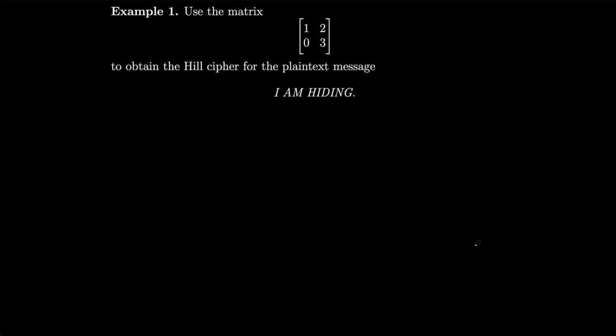To obtain the Hill cipher, we first group the letters that we want to encipher into groups of 2. So I'll write IA, and then MH, ID, IN, and GG separately. I is the 9th letter of the alphabet, so I assign 9 to it.